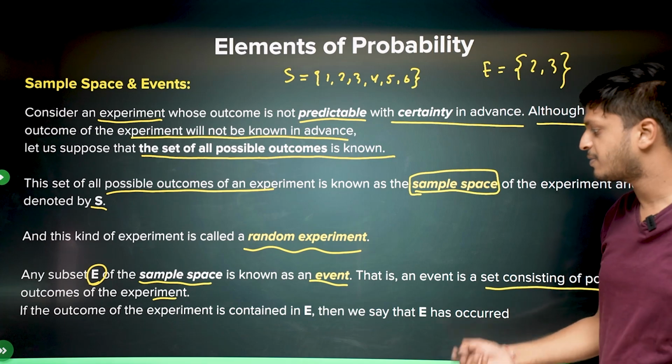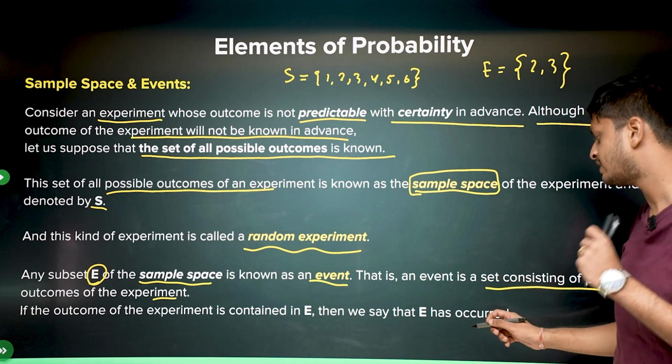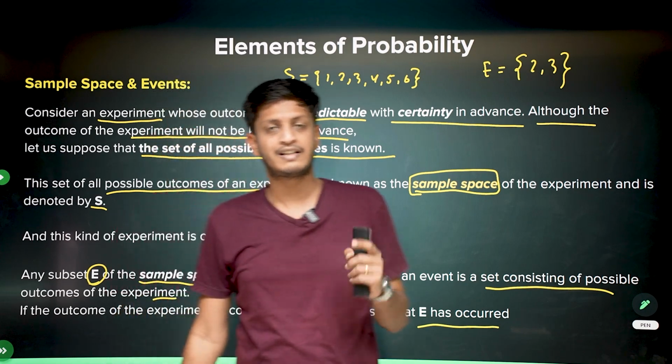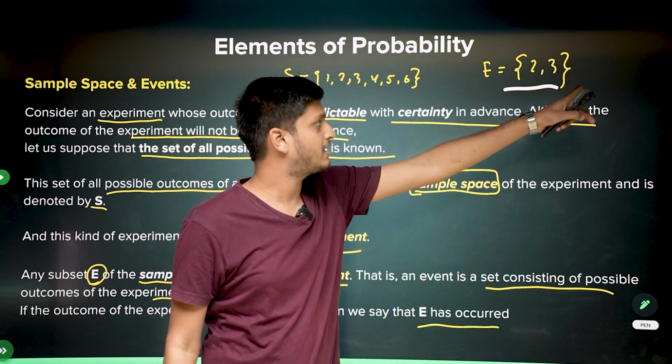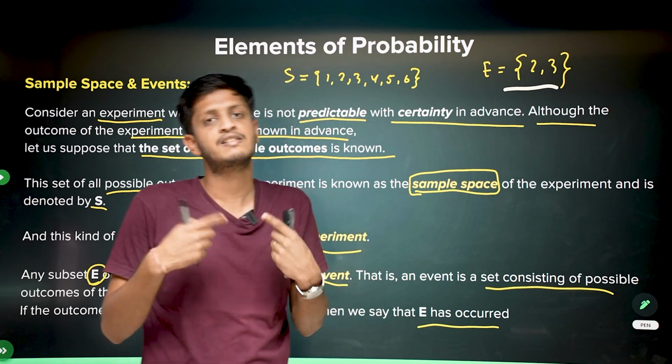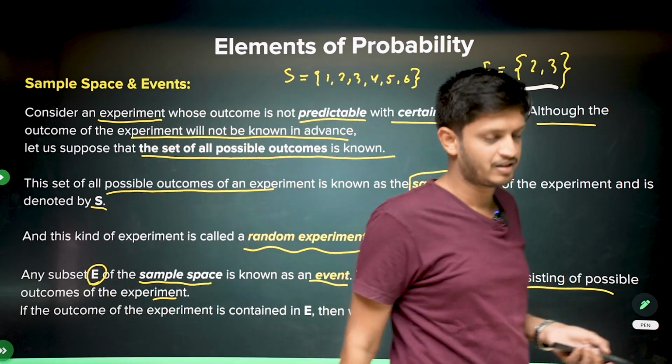If the outcome of the experiment is contained in E, then we say that E has occurred. So basically when you do an experiment and the outcome is in E, then we say that event E has occurred, or the event E has resulted in success. Otherwise it is a failure. Okay, I hope you get this.